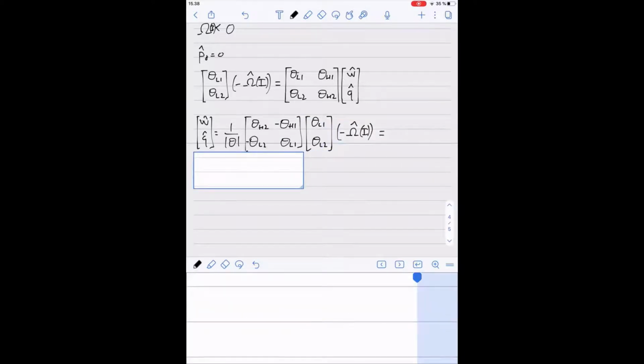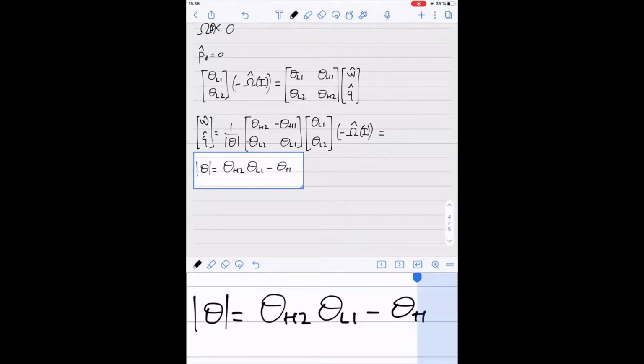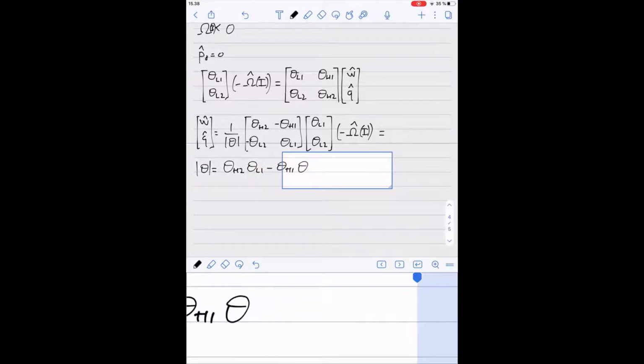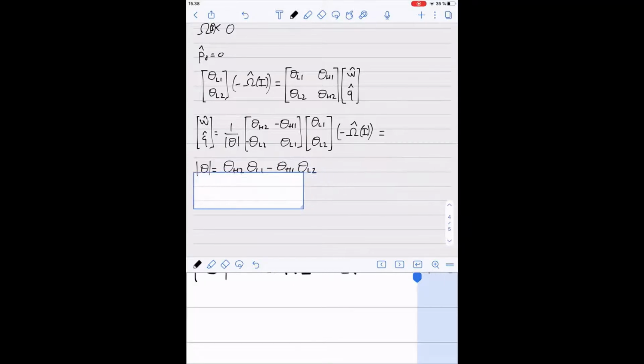So first let us write the determinant. The determinant is theta H2 theta L1 minus theta H1 theta L2. And notice that I'm not going to make it any simpler. Why is that? Well, let's solve out that matrix.